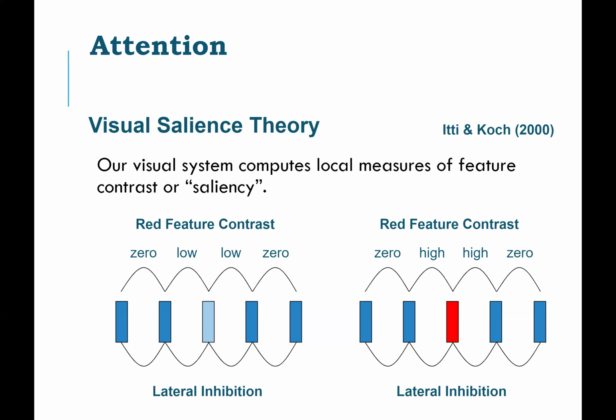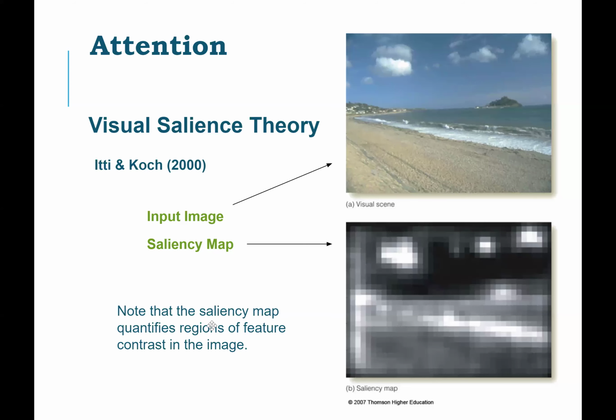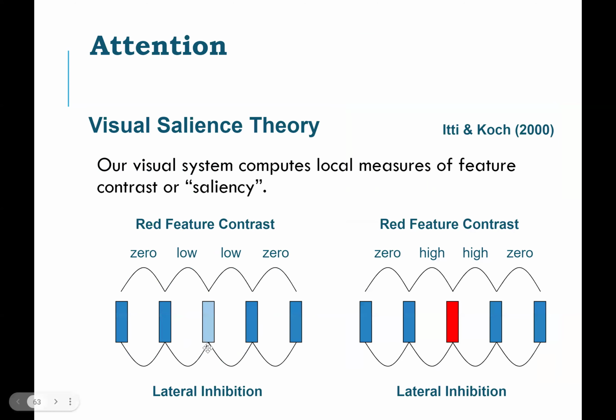The reason is that a lot of this has to do with contrast. So if I have a light blue next to some dark blue, it may not stand out. It may not be very salient. But if I have a red object among blue objects, it's so different that it would stand out because it has a very high contrast with its surroundings.